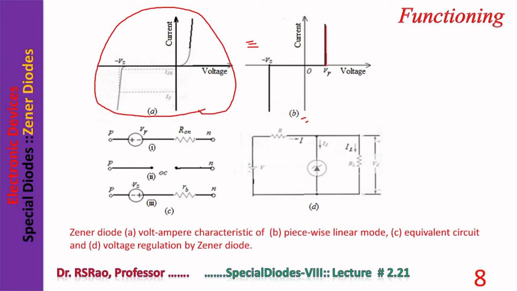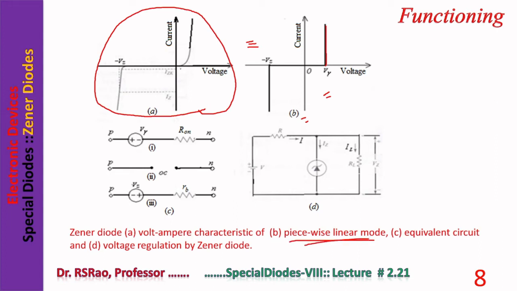The characteristic rises steeply at V gamma. On the negative side, the characteristic falls in a straight line at a voltage Vz. Approximating the characteristic like this, as shown in B, is called the piecewise linear model.